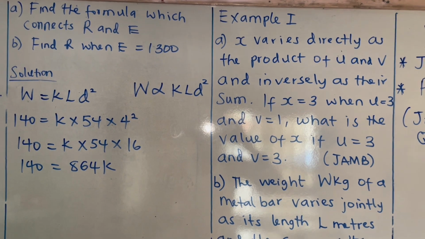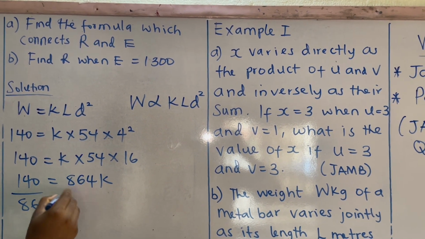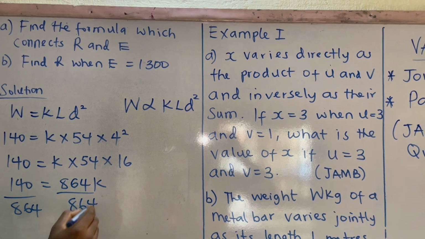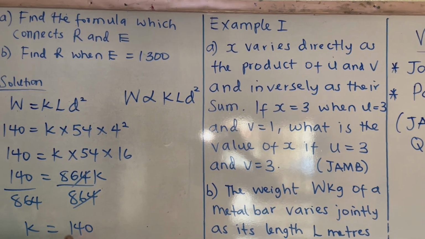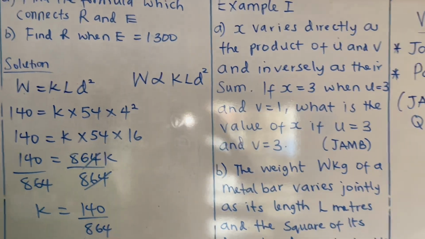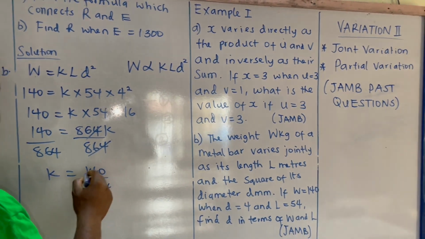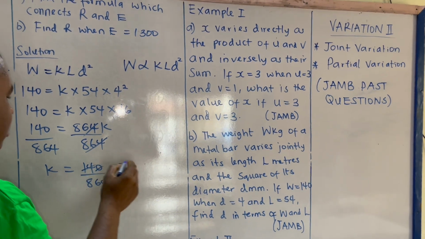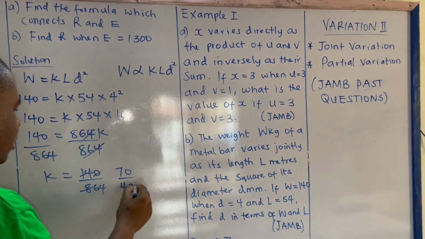So I'm going to divide both sides by 864. So K is equal to 140 over 864. You can actually reduce this to its lowest terms. If 2 goes in here, we have 70 over 432.